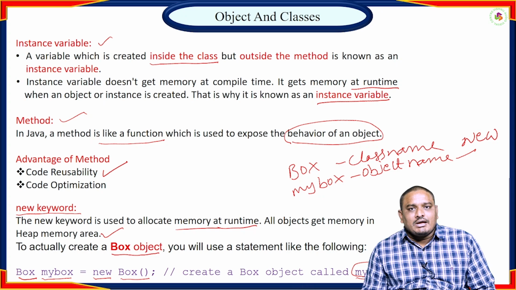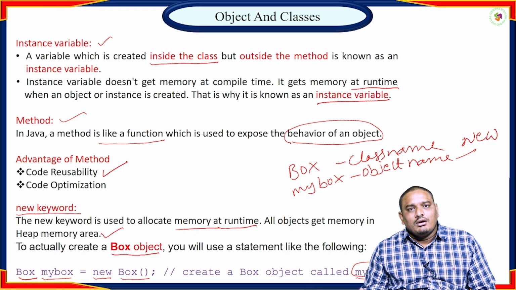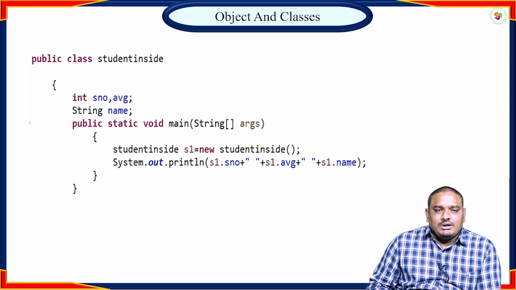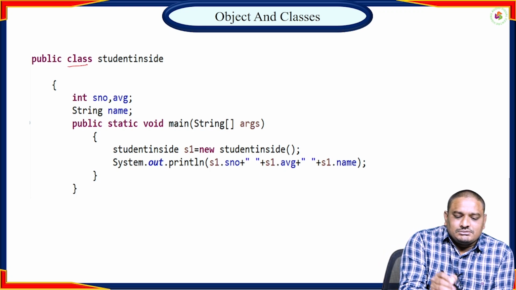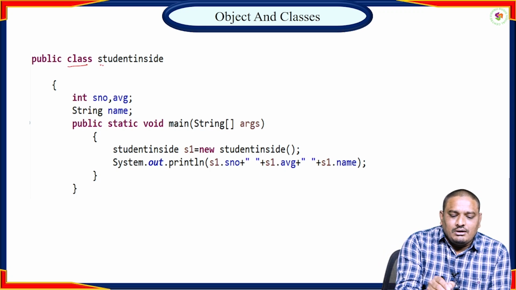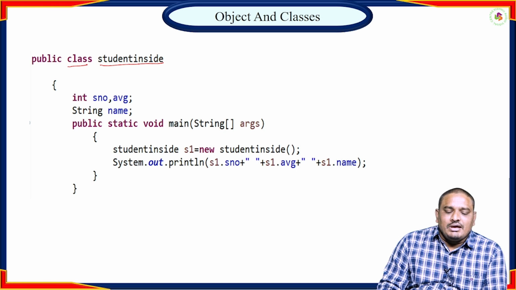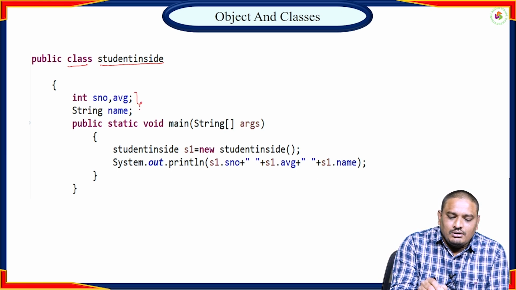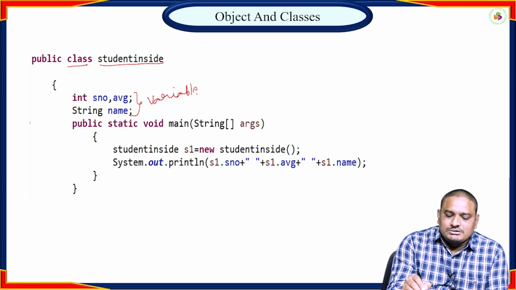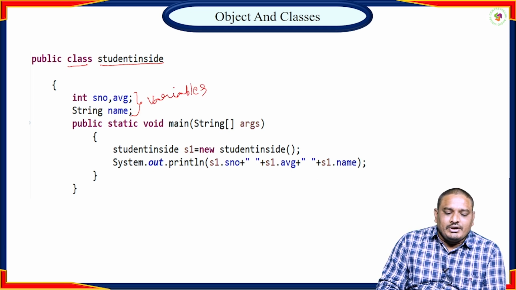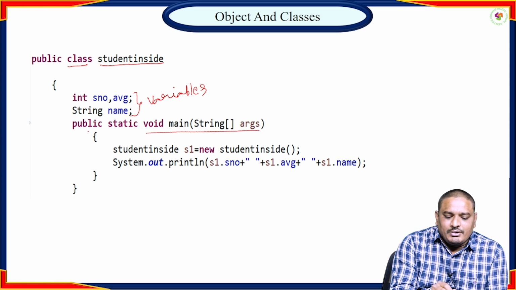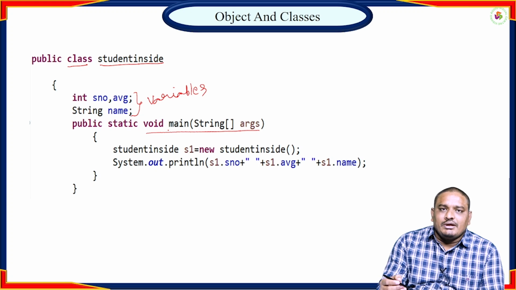Here the variables can be declared either inside or outside the method. See this example. First, we create a class, and the class name is StudentInside. In the student class we are declaring some variables. This is the main method: public static void main(String args[]).